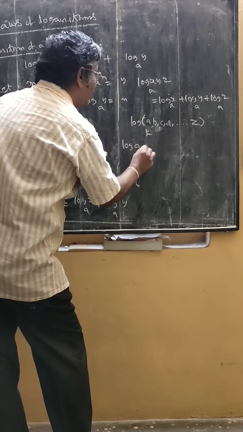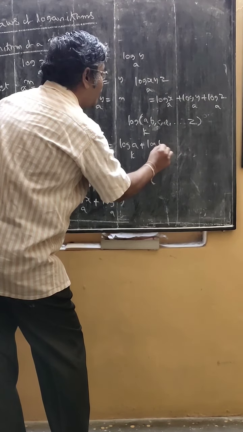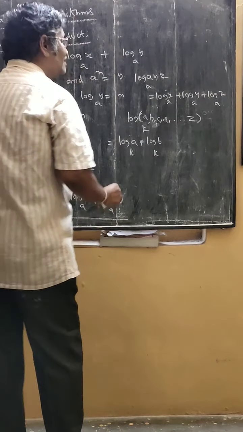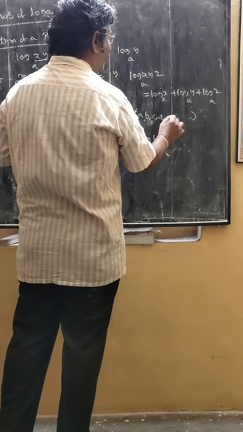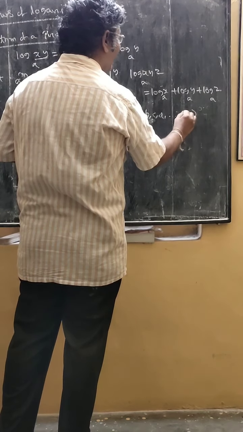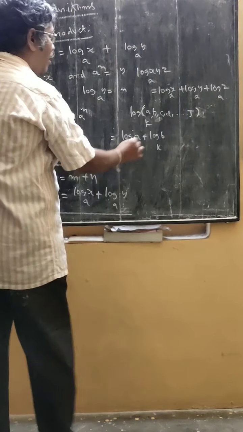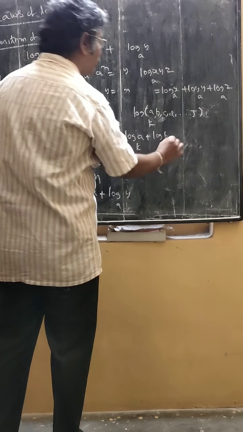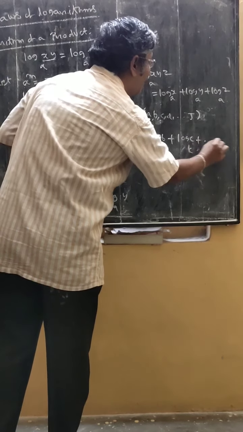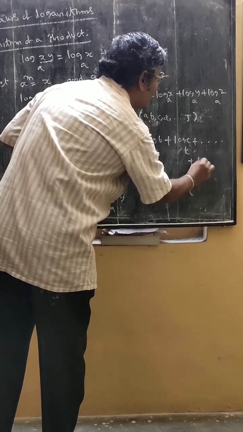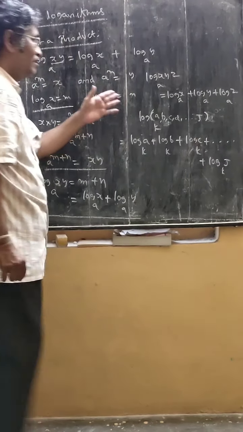Log a to the base k plus log b to the base k plus log c to the base k, plus and so on, up to log z to the base k.